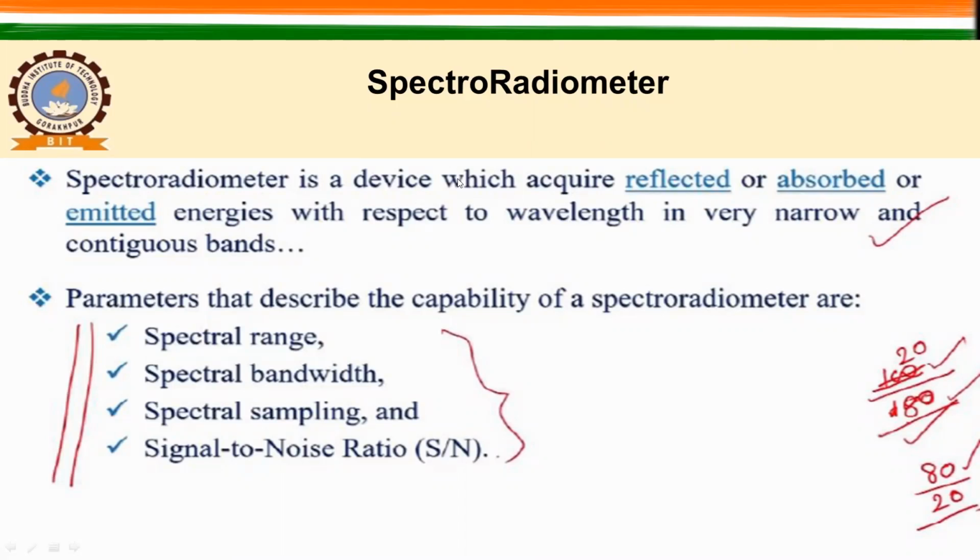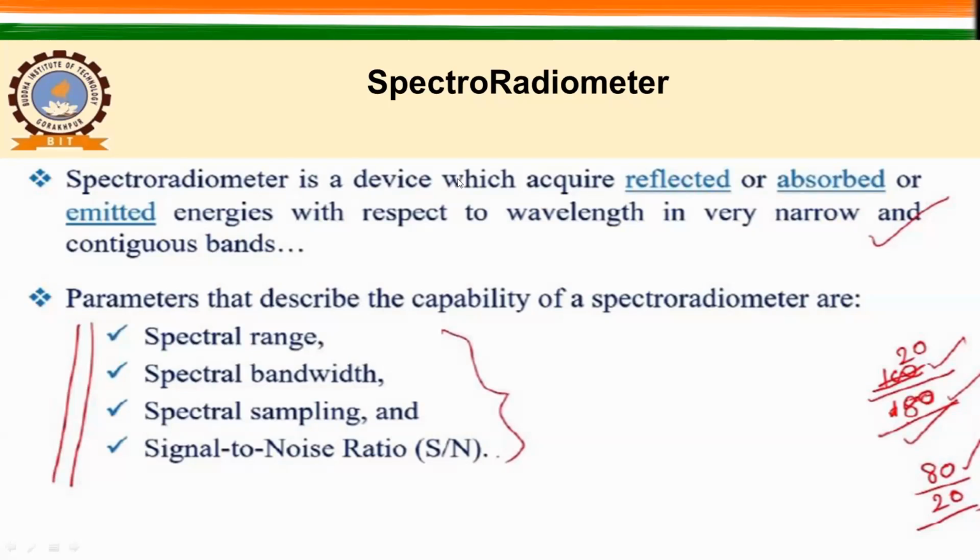A spectroradiometer is a device which acquires the reflected or absorbed or emitted energy depending upon the configuration of your instrument with respect to wavelength in very narrow and continuous bands, right? So remember, since the beginning of my lecture, I told you that it has to be very narrow bands or channels and continuous bands. So the parameters that describe the capability of a spectroradiometer are the spectral range.